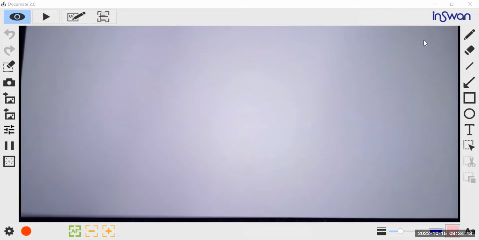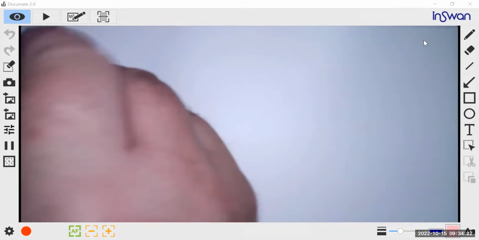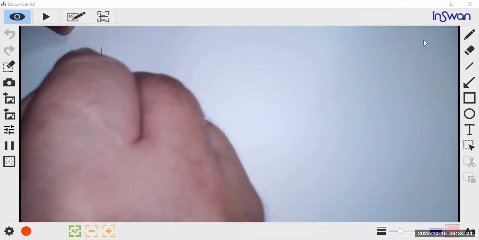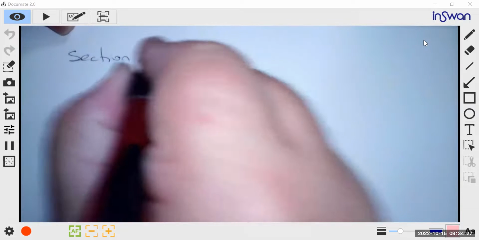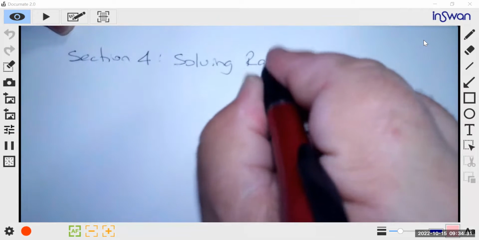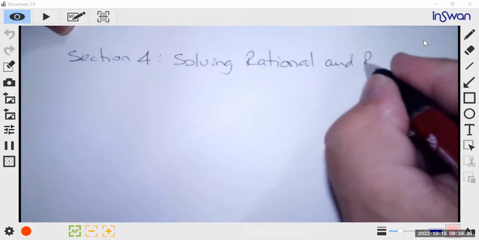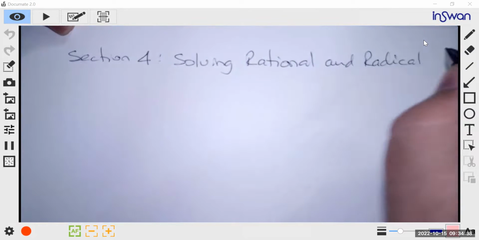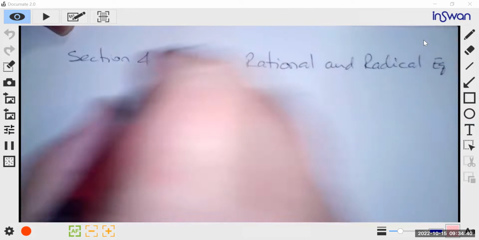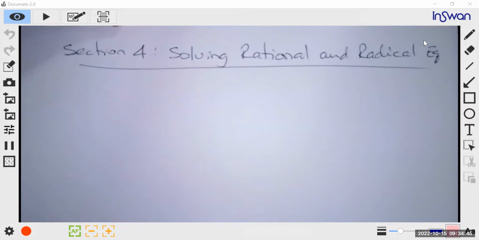Section 4 deals with rationals and radicals. Solving rational and radical equations. Before we continue, we have to define what are rationals and what are radicals.